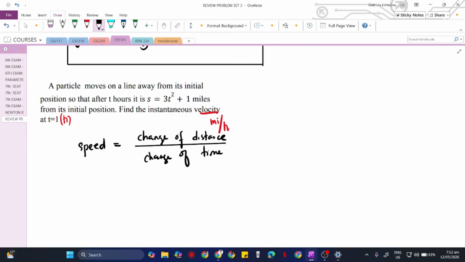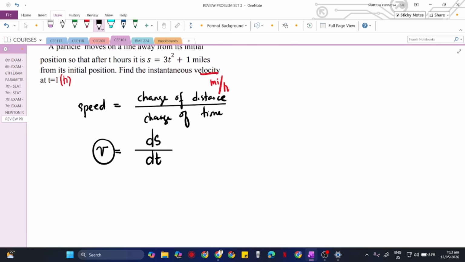In calculus, velocity denoted as v, pwede natin sabihin, can be calculated using change of distance, that is the same thing as change of ds, okay, ds. Since s is distance or position, then change of time, that is dt. So, in other words, yung instantaneous velocity pala or simply velocity can be calculated if we get the first derivative of our position with respect to time. So, that is the time rate of position.